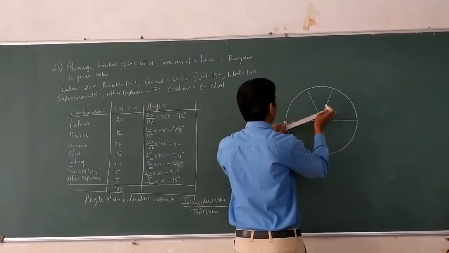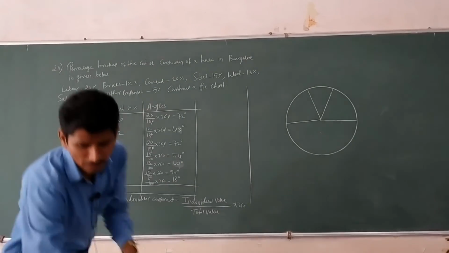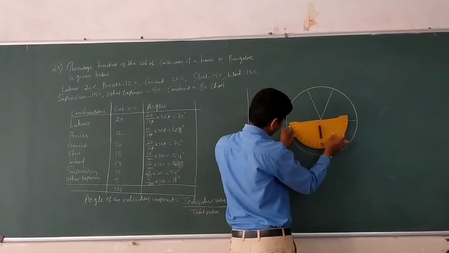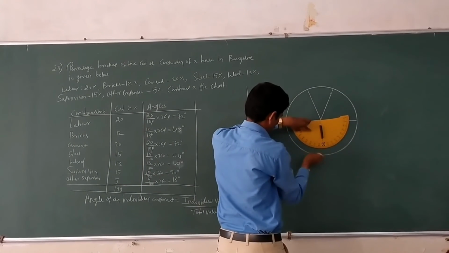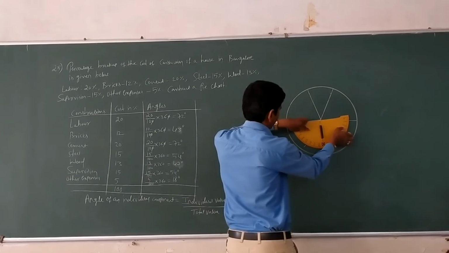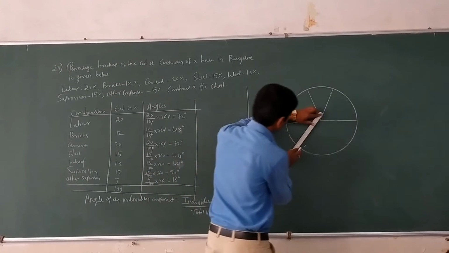This is 72 degree. The next one, steel is 54 degree. Taking the same point, mark 54 degree and draw a line.